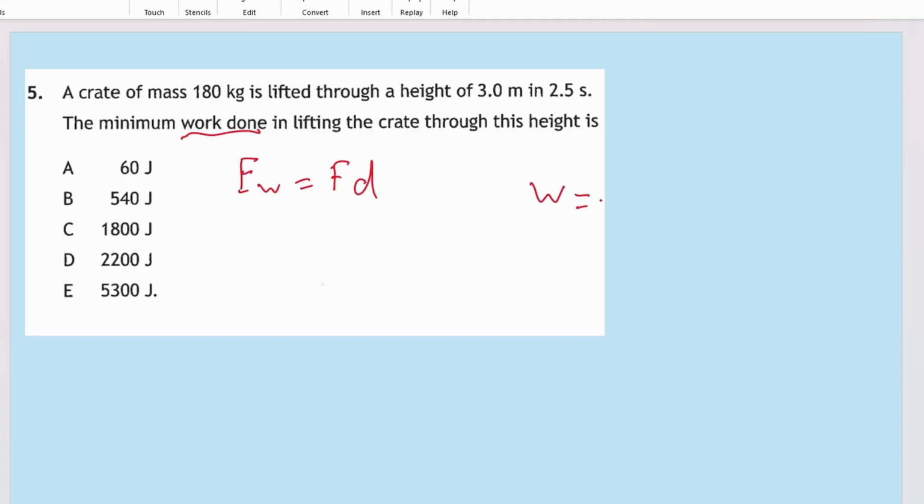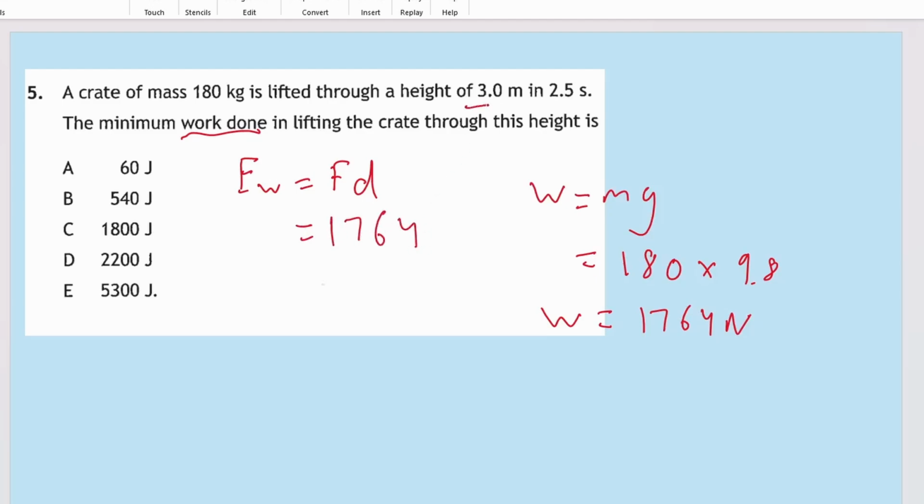If you do W equals mg, I do 180 times 9.8, and that gives you a weight of 1,764 newtons. Now you can use this weight as the force, and then do 1,764 times 3, since it's pulled through a height of 3 meters. So Ew is 5,292 joules, and this rounds up to E, 5,300 joules.